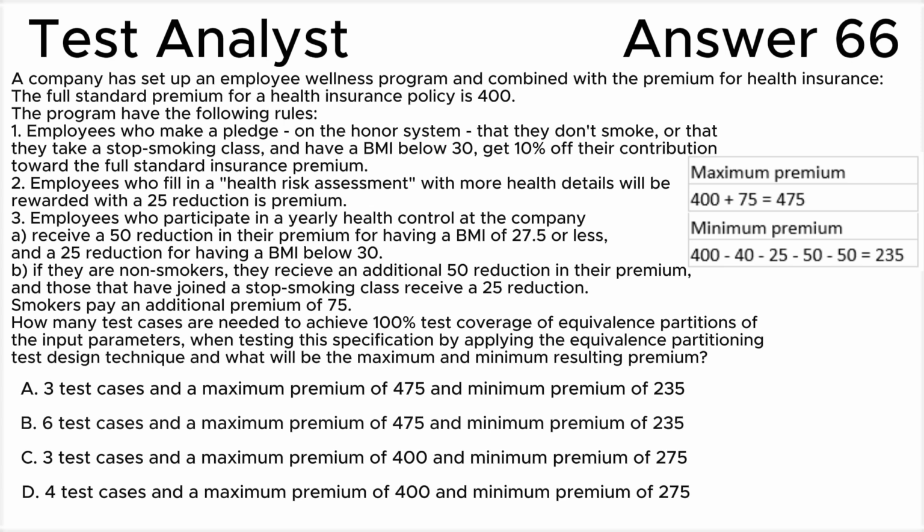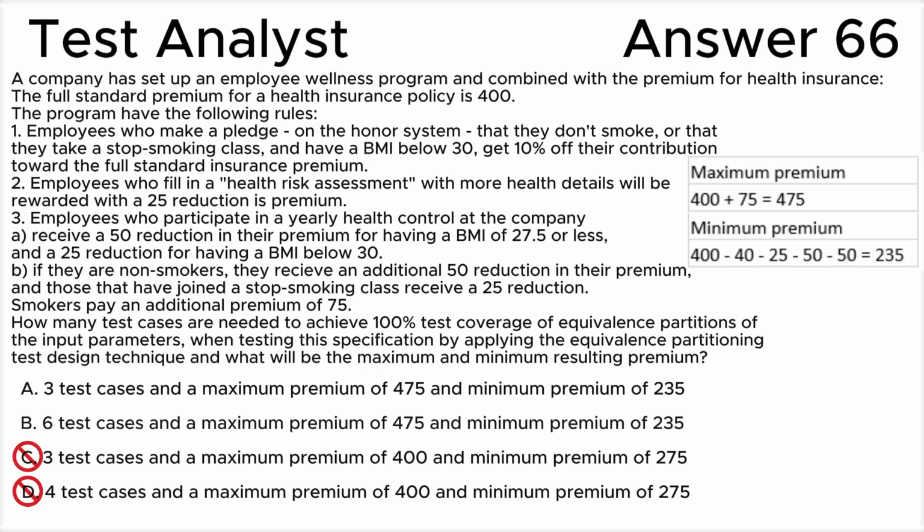Minimum premium is 400 minus 40 minus 25 minus 50 minus 50 equals 235. According to our calculations, we can consider answers C and D as incorrect.